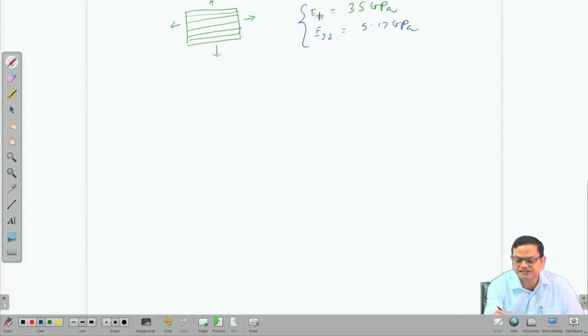If you consider the first scenario, E11 equals 35 GPa, and also the values of Em and Ef have been provided. Em is how much? Let me just check the problem once.